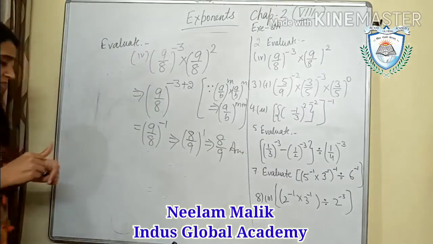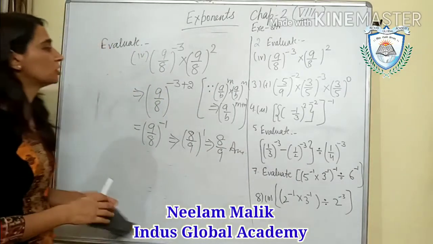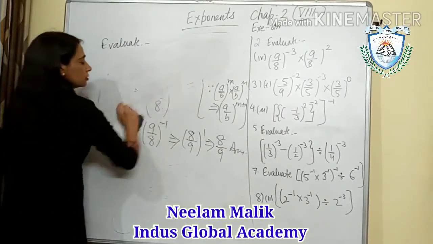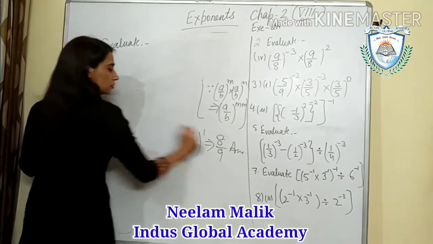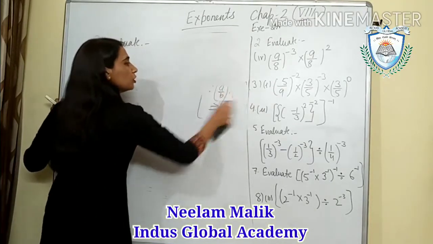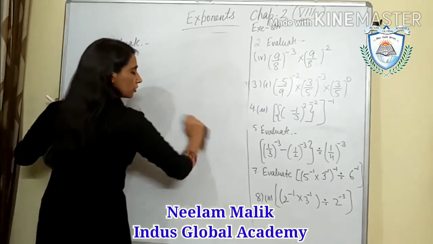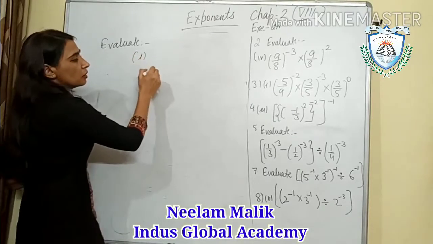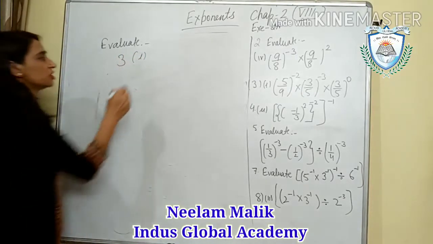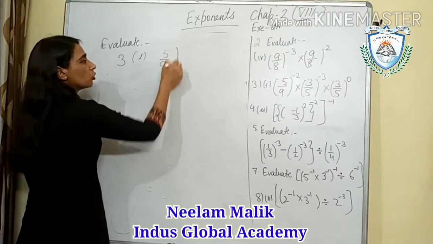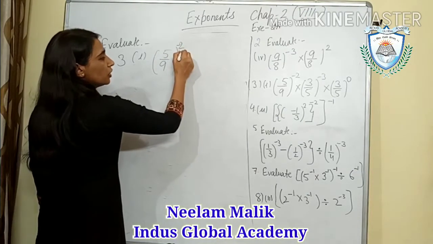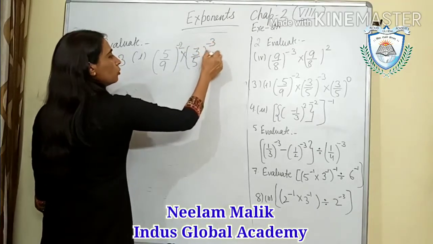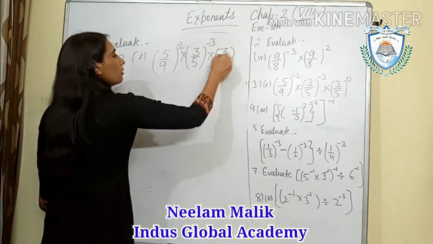Okay. So next is question 3. In question 3, I have taken the first part. In the first part, the statement is 5 upon 9 the whole power minus 2, into 3 upon 5 the whole power minus 3, into 3 upon 5 the whole power 0.